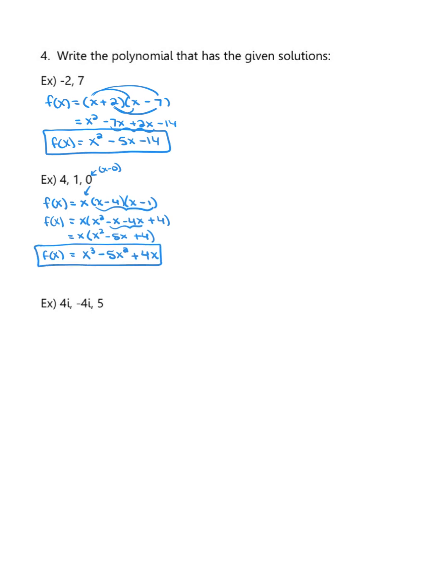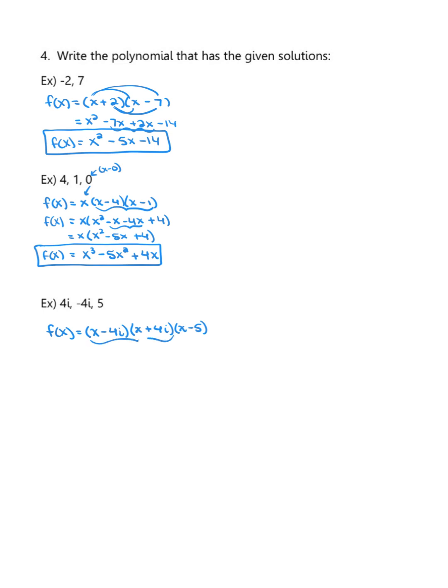All right, and then the last one. If x equals 4i, then x minus 4i equals 0 gave us 4i. X plus 4i gave us negative 4i. And x minus 5 gives us a solution of 5.